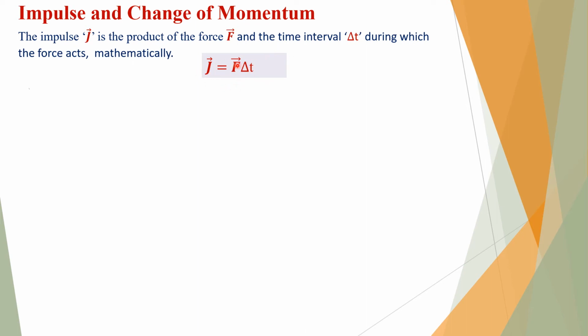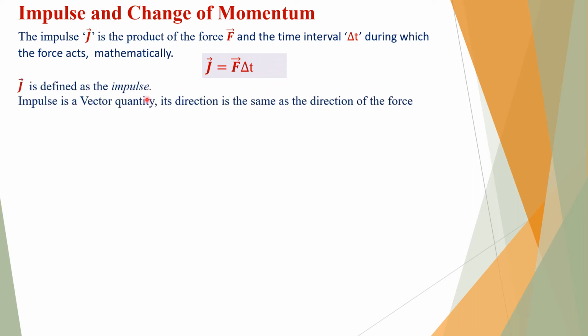A larger force acting for a short period of time can have a great effect on the momentum of the object. But with a smaller force, we can have the same effect on momentum by acting this smaller force for a much longer time.